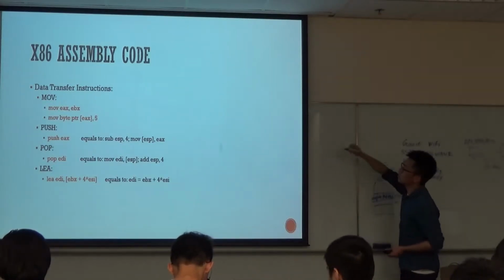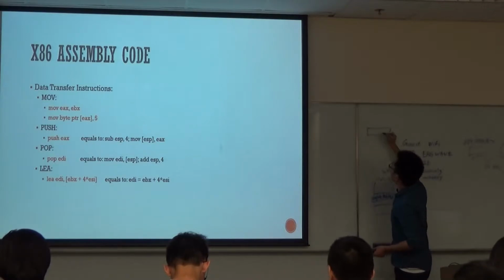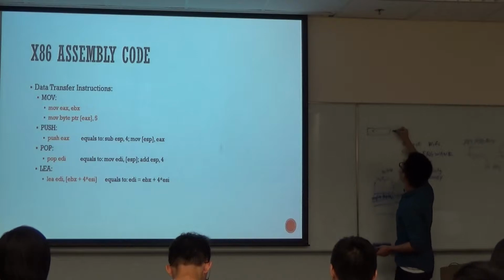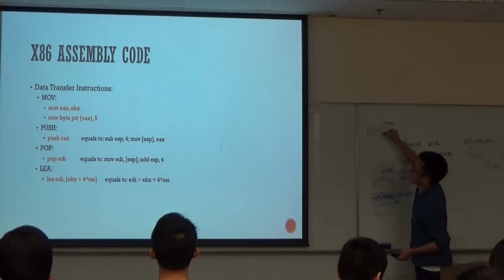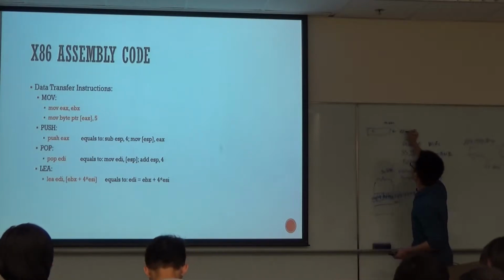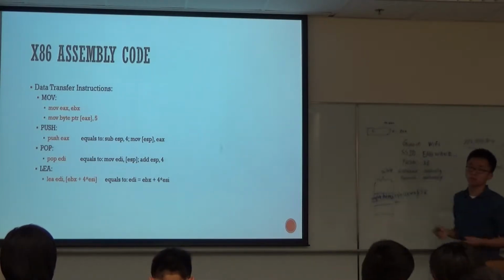So 5 is moved to the memory. This is the memory with the address. EAX is the address of this memory. Right.